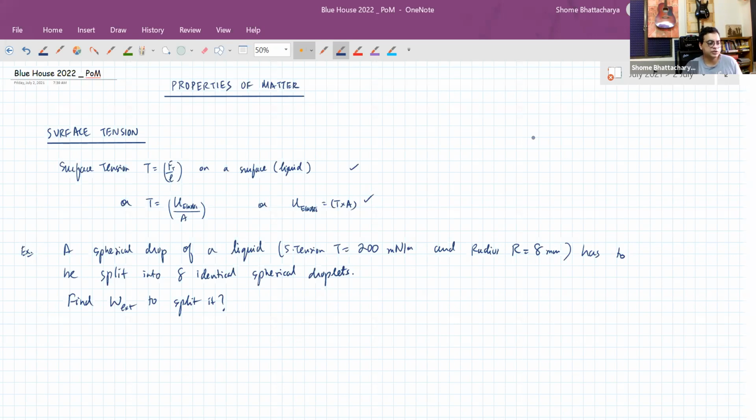That's why a certain volume of liquid, when arranged into a spherical drop, has the minimum energy. If we break it into n number of smaller droplets, the surface energy will increase because the total surface area will increase, and that increase in surface energy is the work that the external agent has to supply.